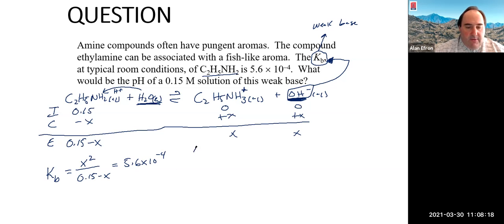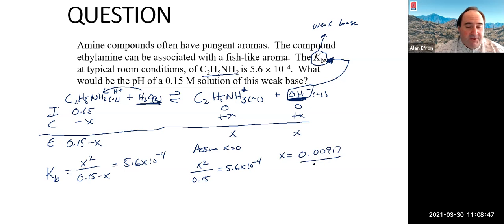We're going to go with the assumption that x is much smaller than 0.15. That will get us x squared over 0.15 equal to 5.6 times 10 to the minus 4. Multiplying the 0.15 to the other side and also taking the square root of it is going to get us some disappointment, I'm thinking, but we will end up with an x value of 0.00917.